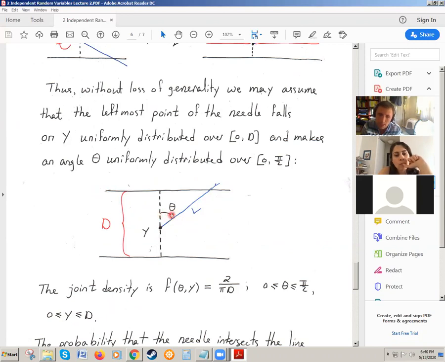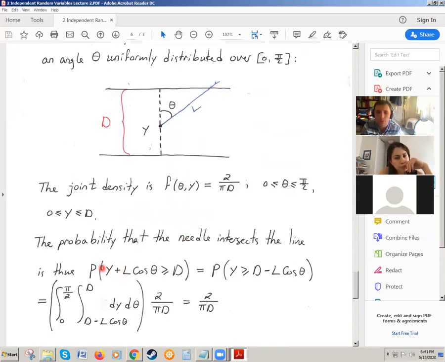So what must be true is that y plus L cosine theta is bigger than or equal to d, as in here. I project the cosine, and y plus this segment is more than d. So I am asking for the probability that y plus L cosine theta is bigger than or equal to d. Good?